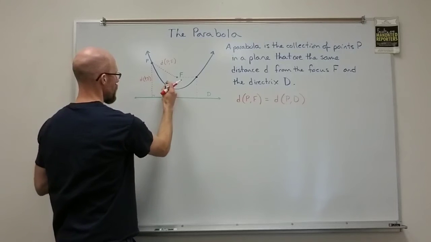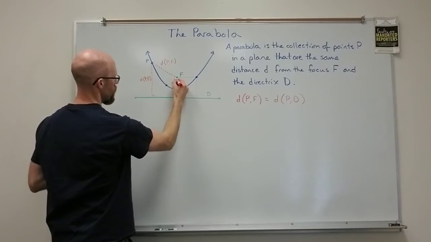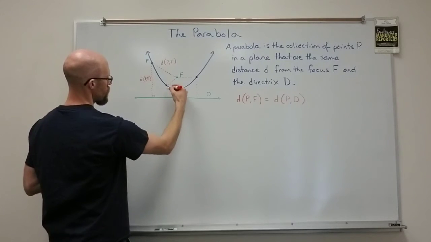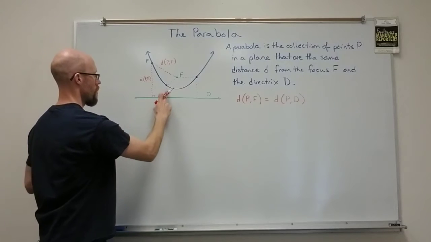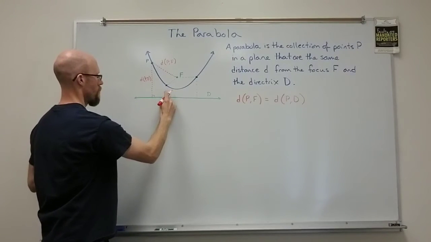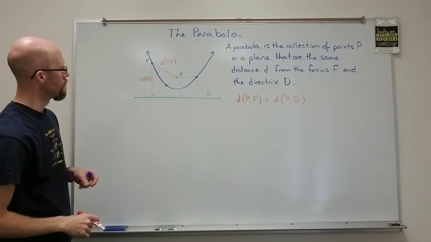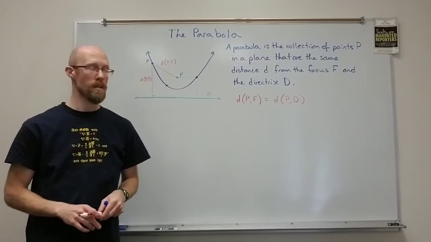It could be down here on the left. The distance to the focus is exactly the same as the distance to the directrix. Let me draw that a little bit nicer. So all of these pairs of distances are equivalent.